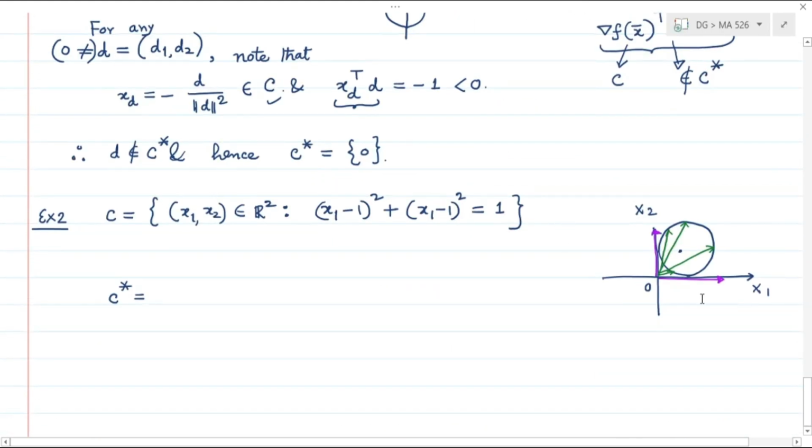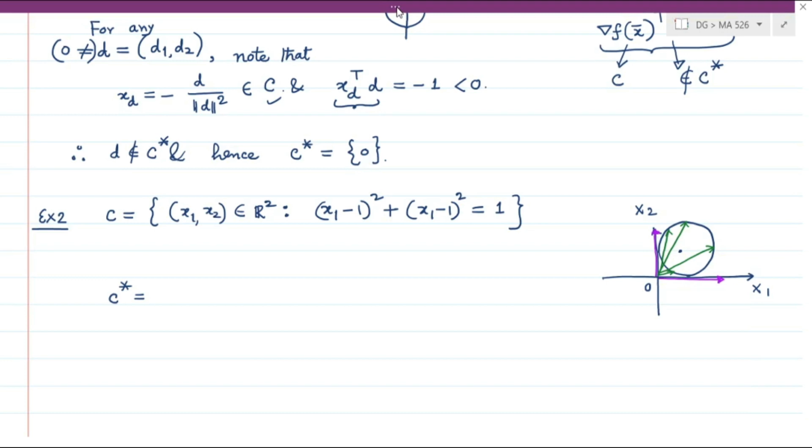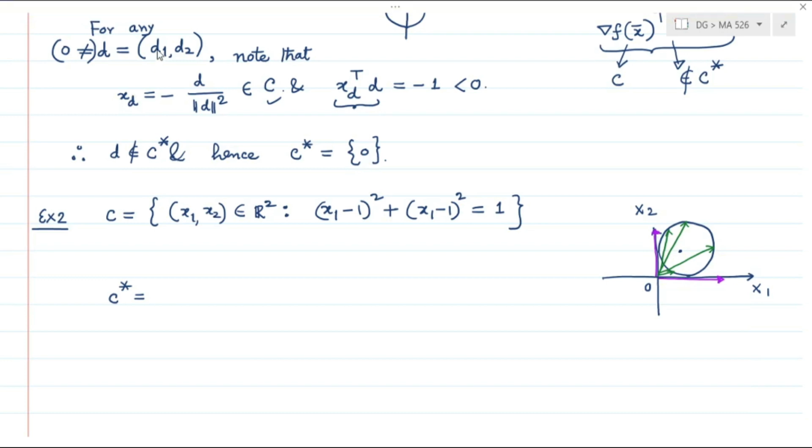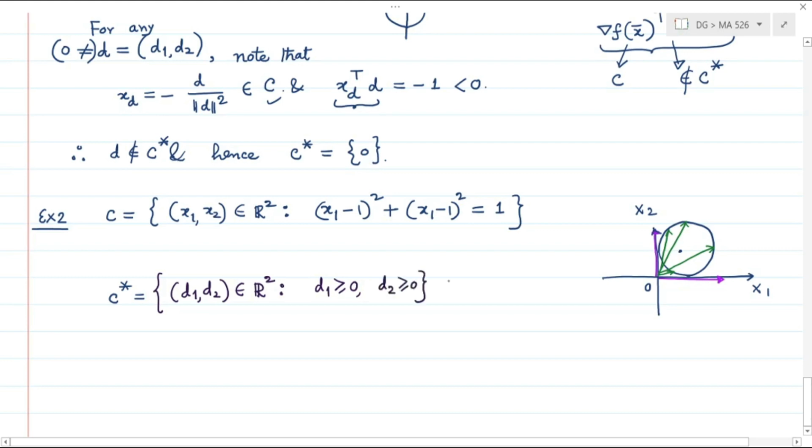Here the extreme directions are themselves perpendicular to each other, and therefore C star will include the set of all directions d = (d1, d2) such that d1 is greater than or equal to 0 and d2 is greater than or equal to 0. This we usually denote by the positive quadrant, R2 plus.